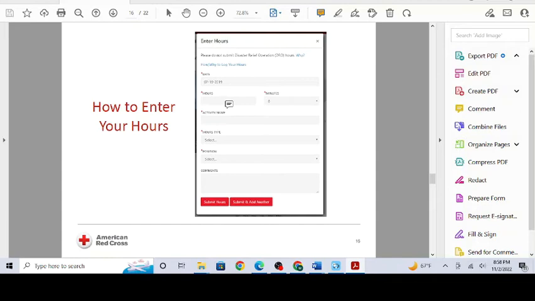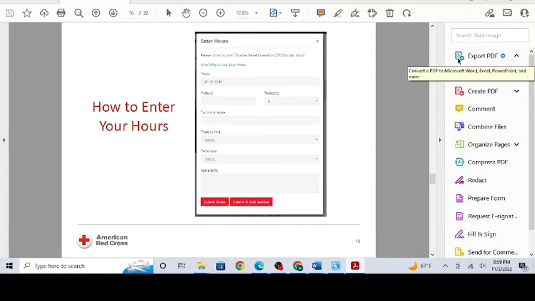Now, I was talking about how we want people to record the time frames of the activities that occurred. The one exception that I know of, and I don't know if you can read this up here, but it says at the very top, please do not submit disaster relief operation hours.